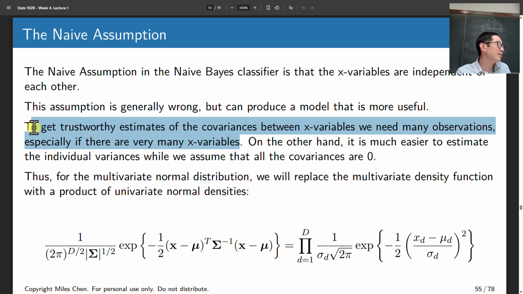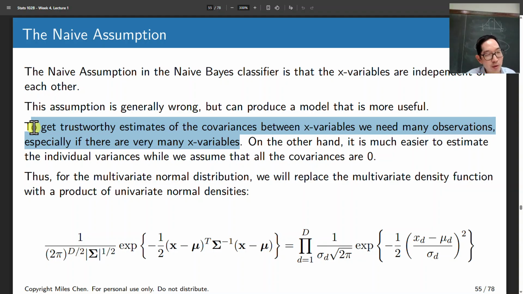If you have only two X variables, estimating the covariance might not be that hard. But let's say you have 1,000 X variables, and you only have like 1,000 observations, then you've run out of degrees of freedom, and you won't be able to estimate the covariances properly there.